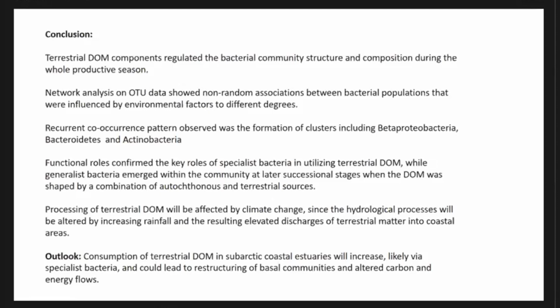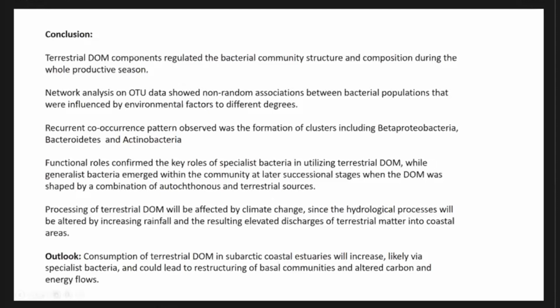The functional roles identified by this network analysis showed that generalist bacteria emerged later during the summer, when the DOM was composed of both autochthonous DOM and terrestrial sources. While during the spring, when it was mostly terrestrial sources, it was another community, more specialized on degrading DOM, it looks like.